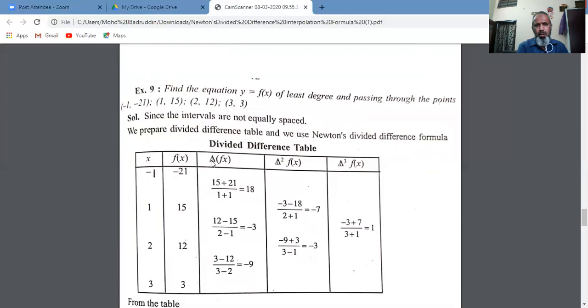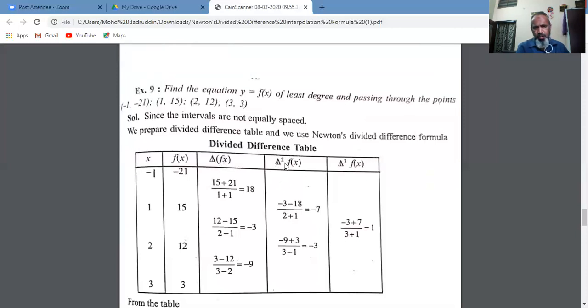So to distinguish forward differences and divided differences, we are using this symbol here. This symbol is nothing but the divided difference operator. So this is the first divided difference, this is the second order divided difference, this is the third order divided difference. Or we can write it as the first divided difference f of x naught comma x1.